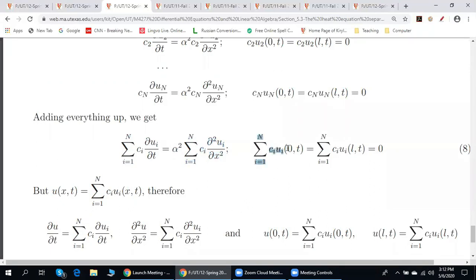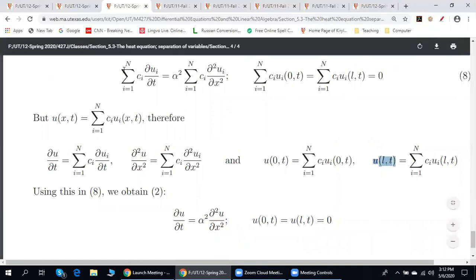Similarly, what is written here, according to this, is simply u of 0,t. Or what is written here, thanks to same expression, is u of l,t.